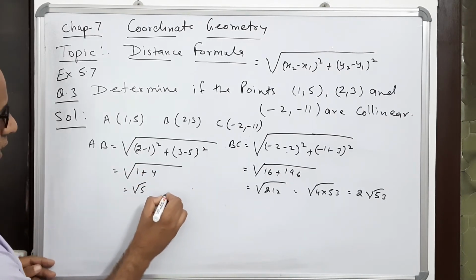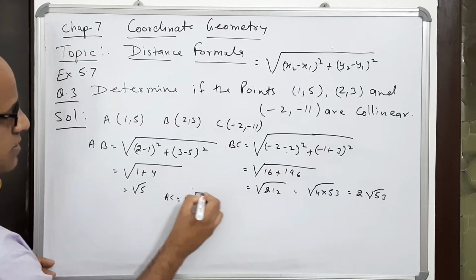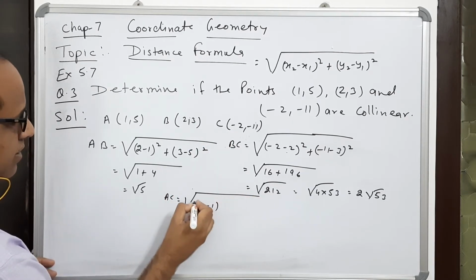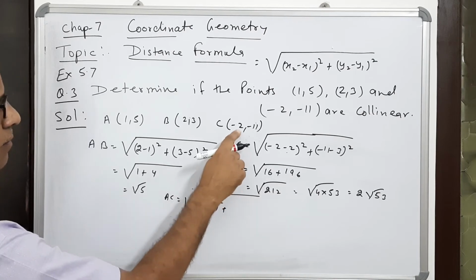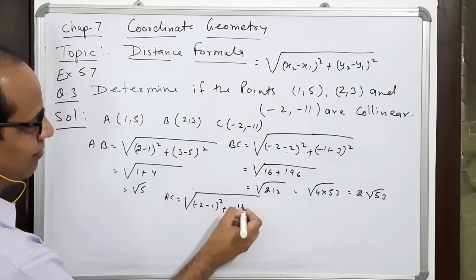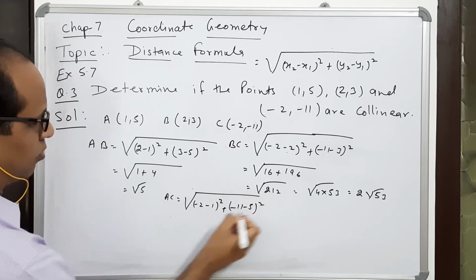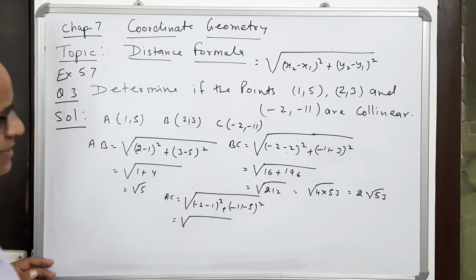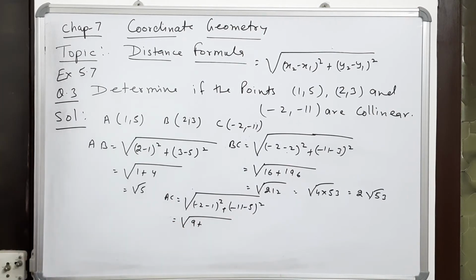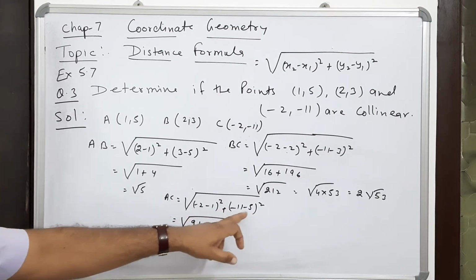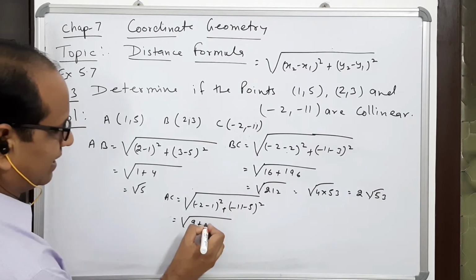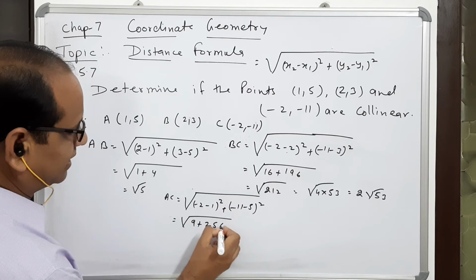Now we will calculate length AC also. AC will be (minus 2 minus 1) whole square plus (minus 11 minus 5) whole square. So it is 9 plus, minus 11 minus 5 is minus 16, and the square of minus 16 is 256.